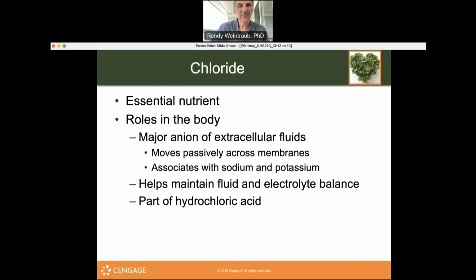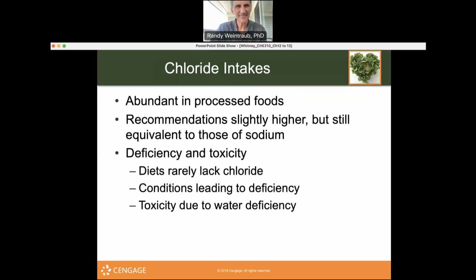It's also a part of the hydrochloric acid our body produces in the stomach to assist in protein digestion. Chloride's also abundant in foods, especially processed foods. If a deficiency occurs, again, that's very rare. There could be signs of tension, maintenance of water balance.